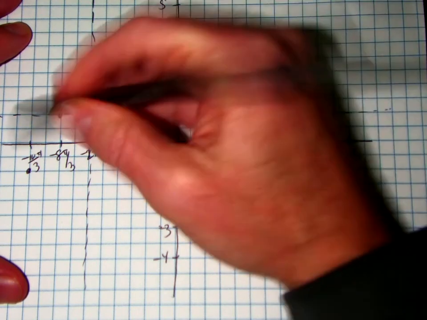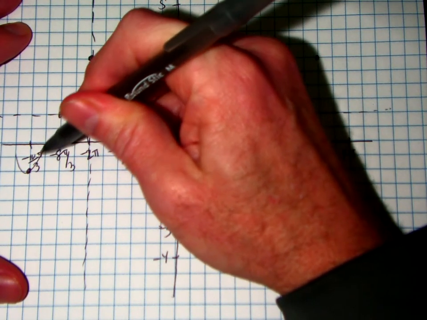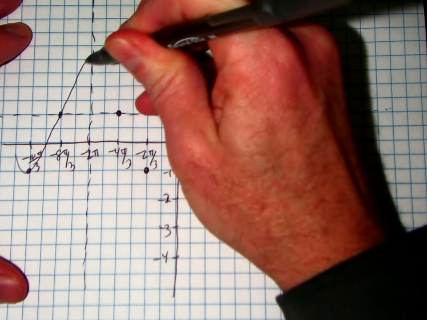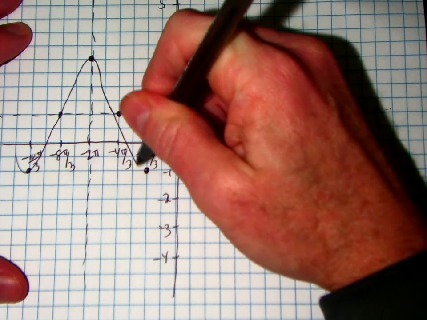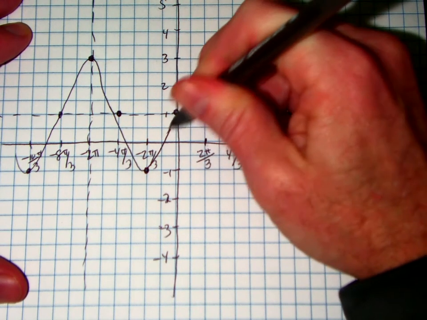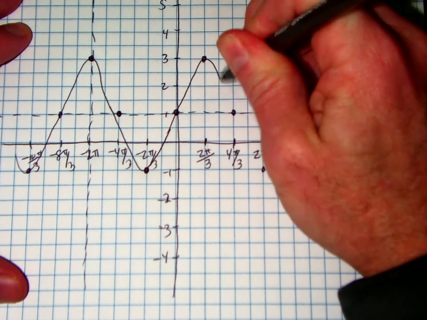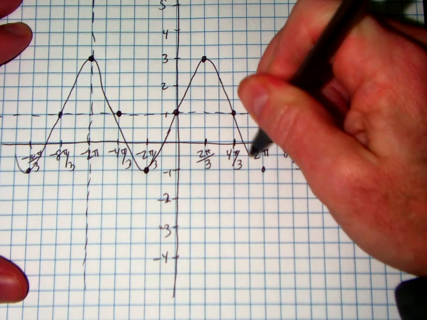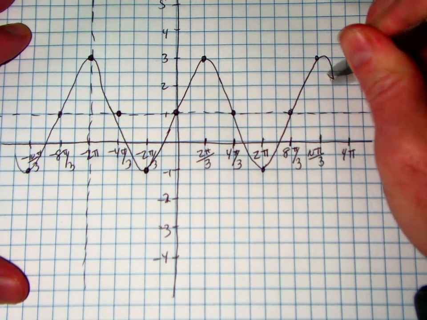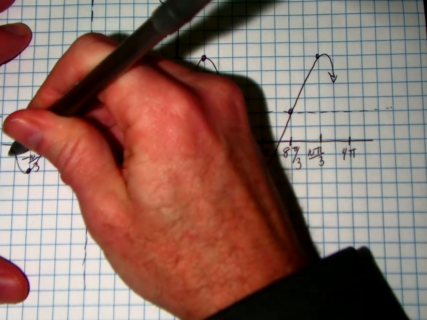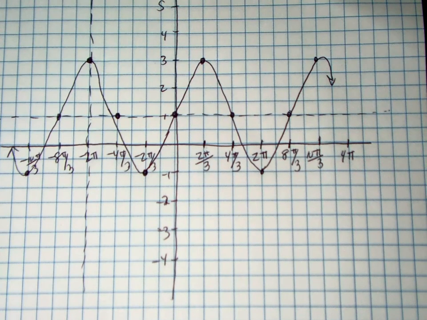And then we're going to sketch the curve in, nice and smooth, hopefully. And there we have it. And there is our graph of that cosine function with all those different parameter changes.